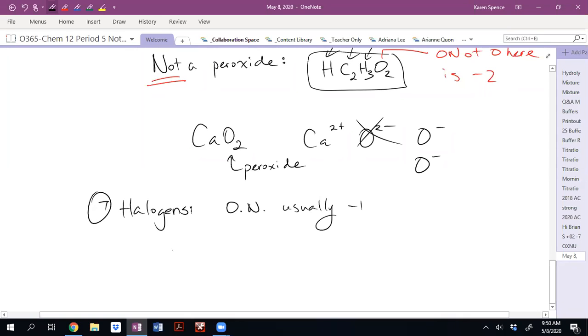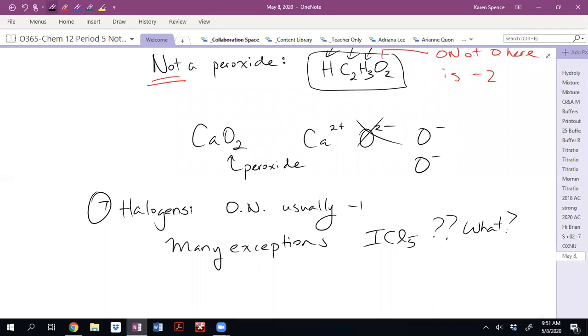But there are many exceptions. Like you'll see ICl5 and you'll be like, what? You're not going to worry about that too much. Don't worry about the exceptions for the halogens too much. Just realize that they exist.